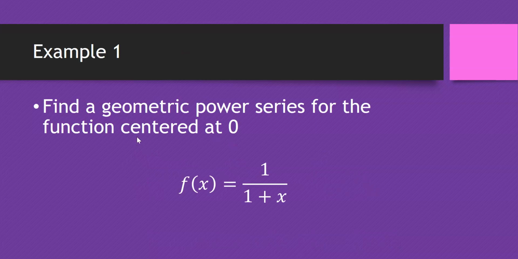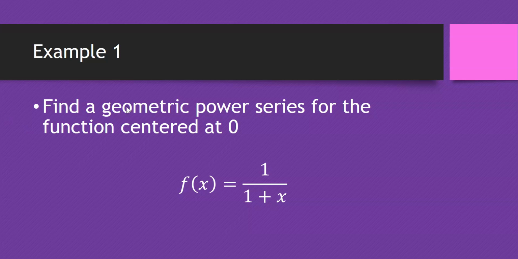All right, so let's take a look at this example. Let's say we have the following function. I've created this function so it's really easy to deal with. As we get later and later on in this section, the functions get a little more complicated, more difficult to deal with.